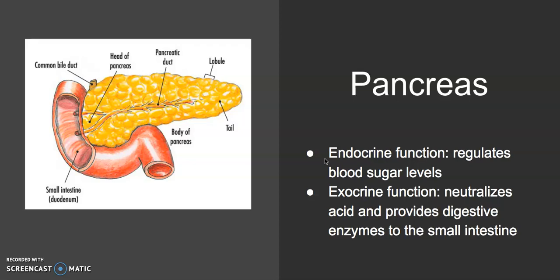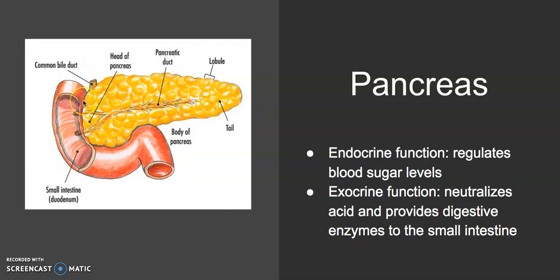An exocrine function is a function that happens within an organ or tissue or a neighboring organ or tissue. And so the endocrine function of the pancreas is to regulate blood sugar levels, and the exocrine function is to neutralize acid and provide digestive enzymes to the small intestine, because again, the small intestine is right here.